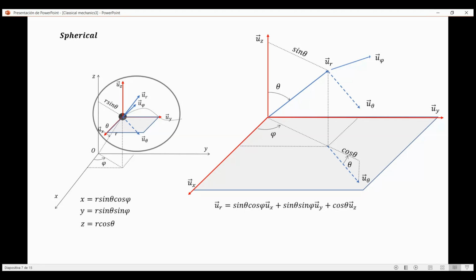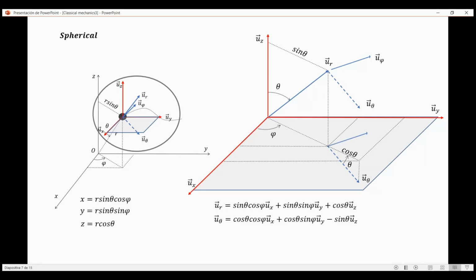This distance here, the projection of u theta on the xy plane, is cosine of theta, and we can bring it into the coordinate system. It will be u theta: cosine of theta cosine of phi ux, cosine of theta sine of phi uy, minus sine of theta uz, because it's pointing in the negative z direction.